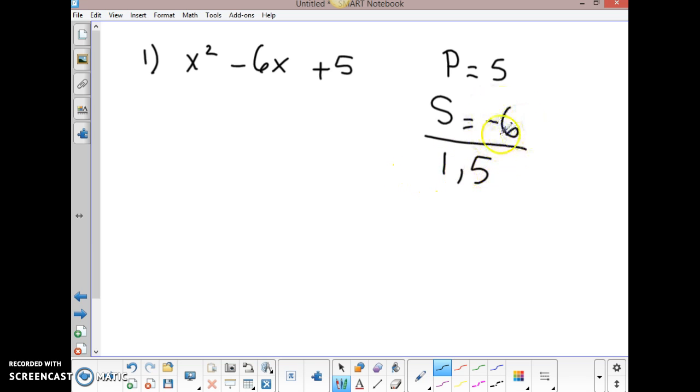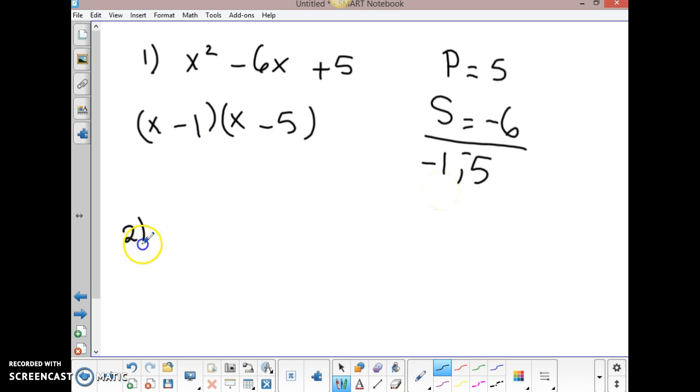But notice that the sum is negative, which means if I want to add those 2 and get 6, I need both of them to be negative. Now you are going to factor immediately by breaking the x squared into an x and an x, and then you put a negative 1 and a negative 5, which are the 2 numbers that we got over there.